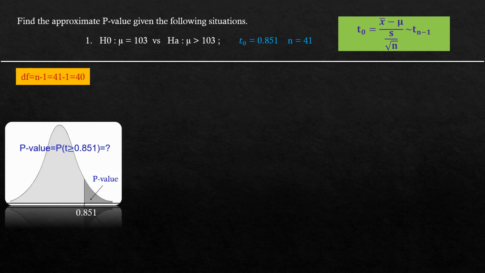Then the p-value is the area under the curve to the right of 0.851, because this is a right tail. How do you know it is a right tail? HA: mu greater than 103.